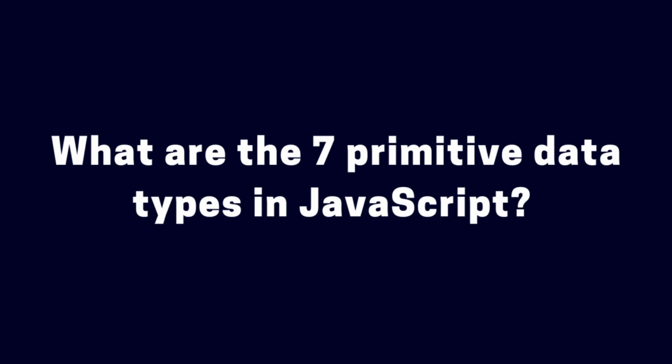They include the number data type, which includes numeric values, including integers and decimals; BigInt, for integers too large to be stored as the number data type; the Boolean data type, which is a binary value of true or false; the string data type, which is a sequence of characters; the symbol data type, which is a unique and dynamically generated value; the null data type, which represents a non-existent or empty value; and the undefined data type, which represents a value that has not yet been set.